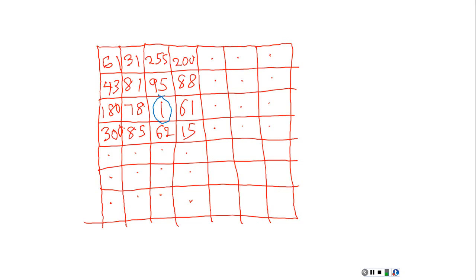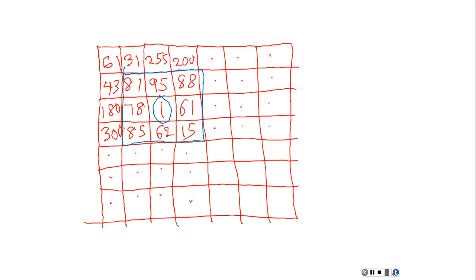So what we do here in the 3x3 window is we consider a square around that data. We have 81, 95, 88.